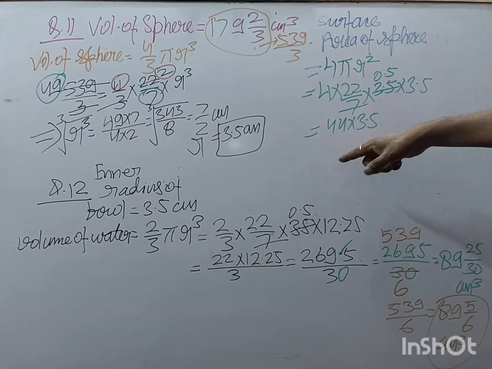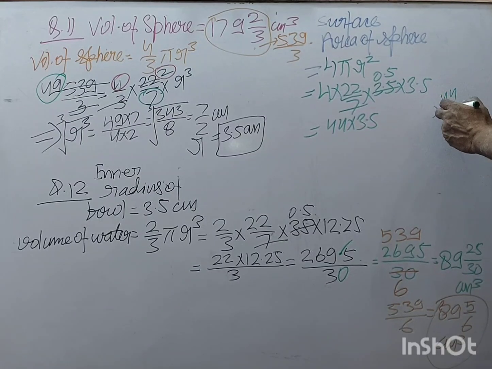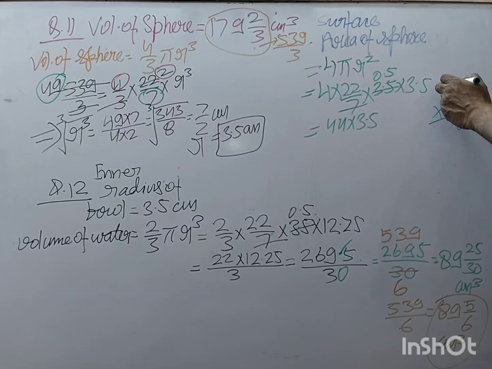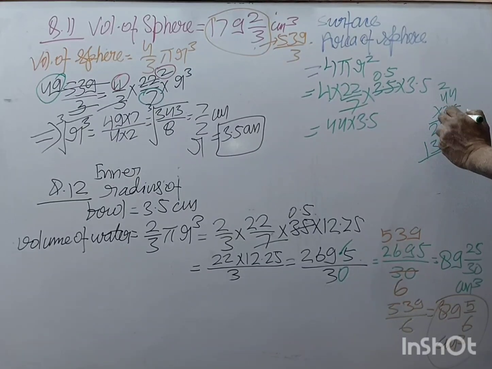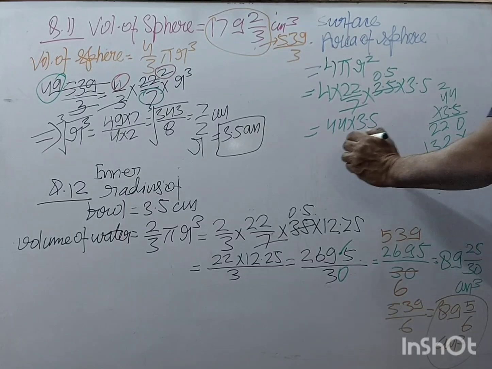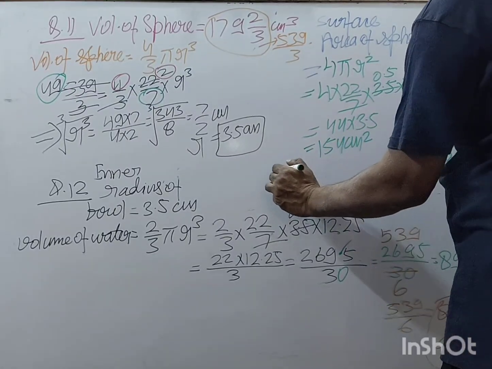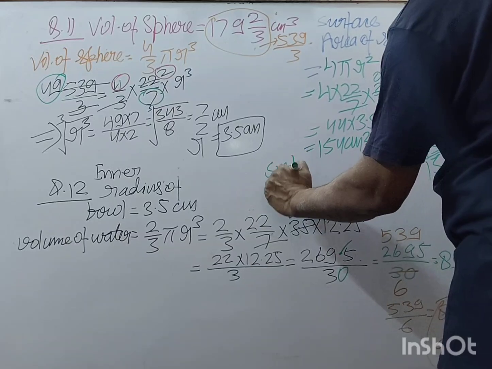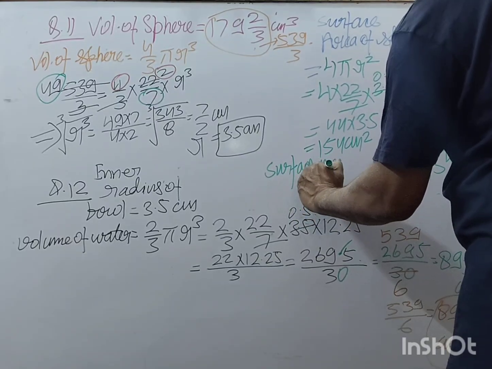2 into 22 becomes 44. 44 into 3.5, how much you get? 154 centimeter square is the surface area of a sphere.